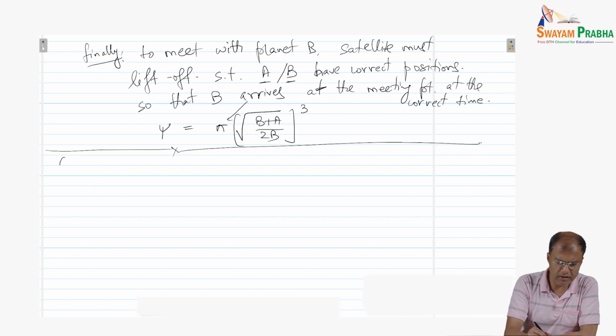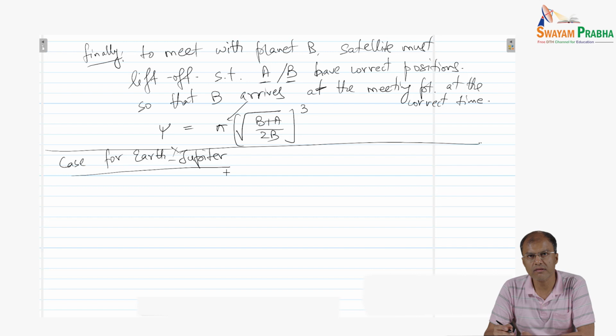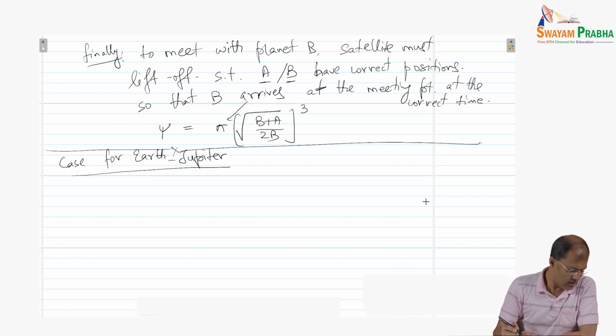So the case for Earth and Jupiter. So let us say instead of ISRO sending a satellite to Mars, suppose ISRO wants to send a satellite to Jupiter. So what sort of distances and times are relevant in the calculation? So let us see. So in this case, our G is 4 pi square.